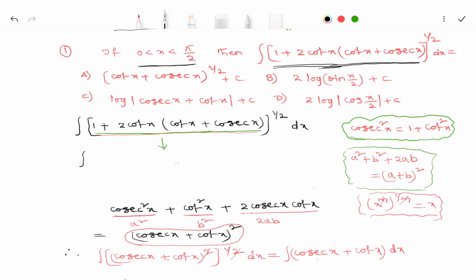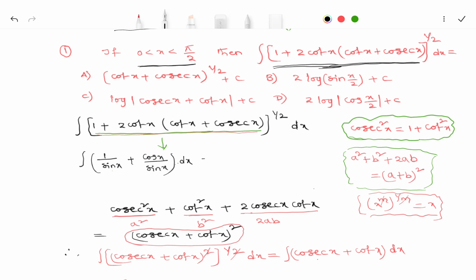You convert in terms of sine and cos. So cosecant x will be 1 by sine x, and cot x you will write as cos x divided by sine x, into dx.